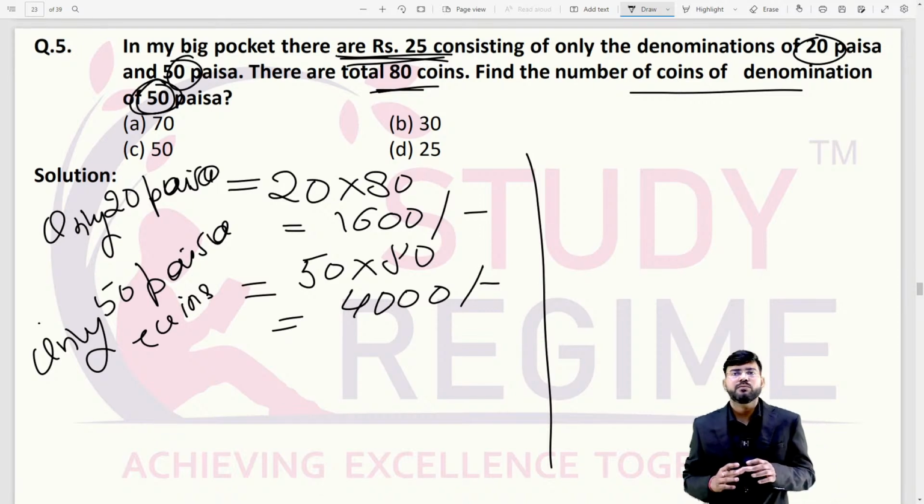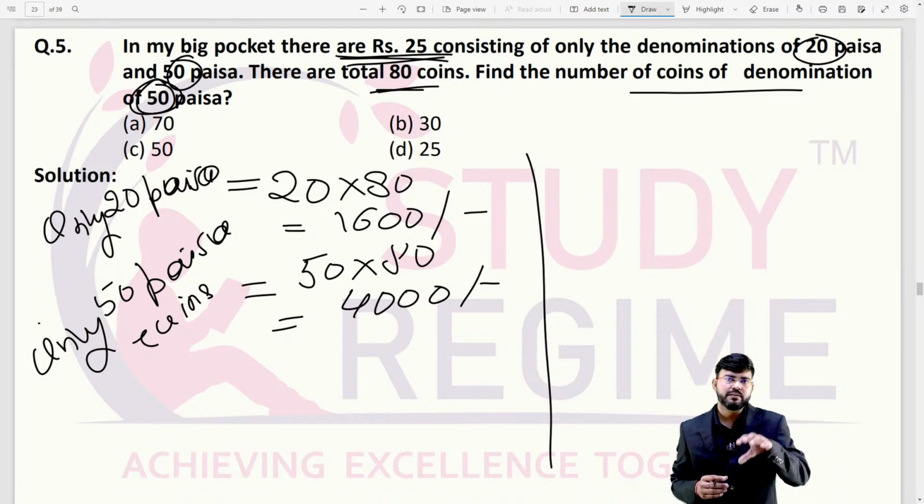First I assumed I had only 20 paisa denominations and multiplied with 80, and next I assumed I had only 50 paisa denominations and multiplied with the total number of coins, that is 80.